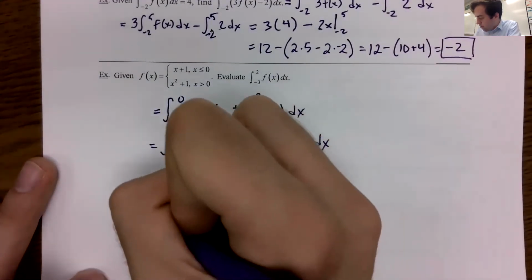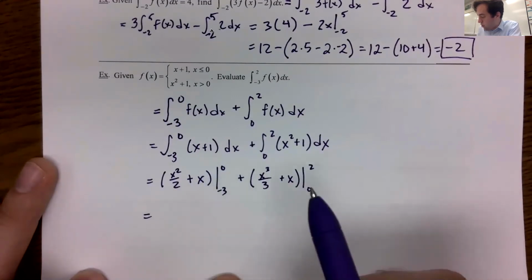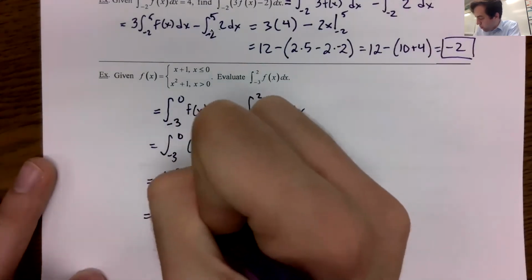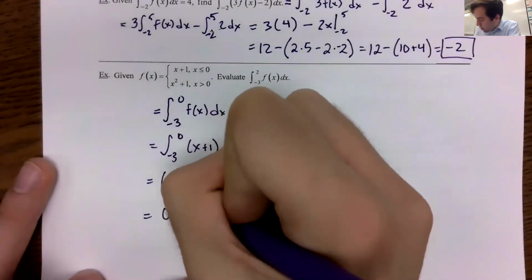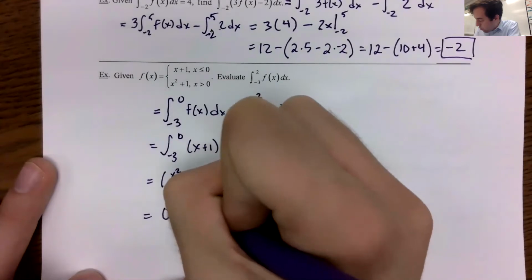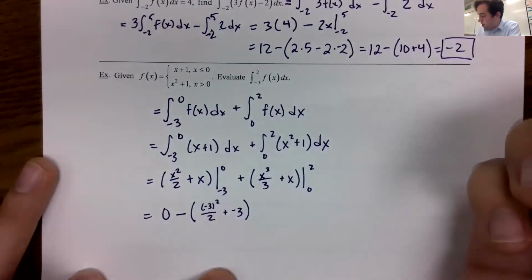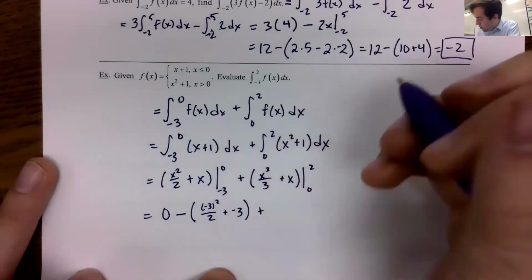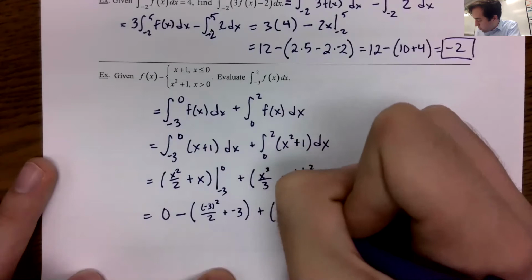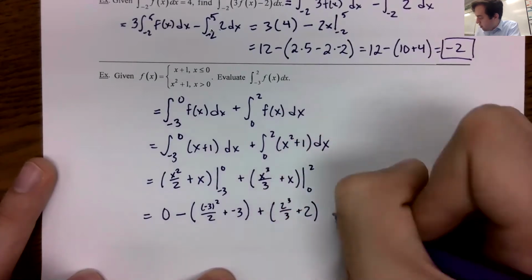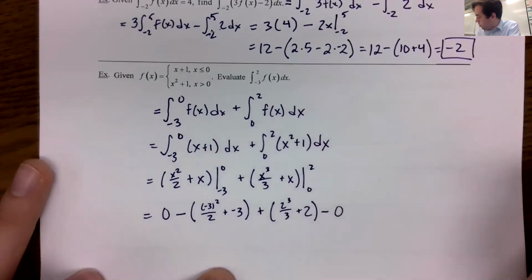So we're going to have, if we plug in 0 as our upper bound, that's going to just equal 0 minus negative 3 as our lower bound. So we're going to have negative 3 squared over 2 plus negative 3 plus, now 2 is our upper bound, 2 cubed over 3 plus 2 minus, if we plug in 0 again for this one, we're going to end up with 0.